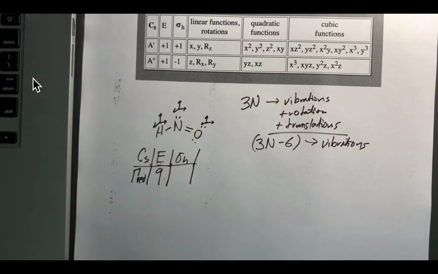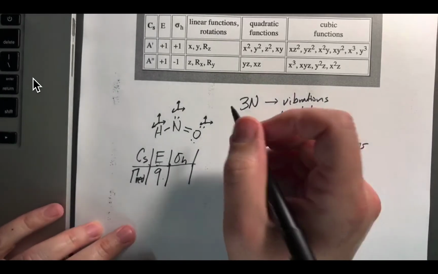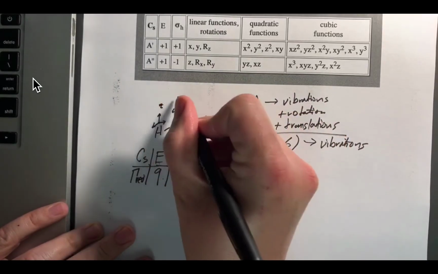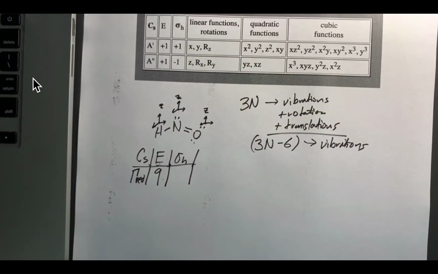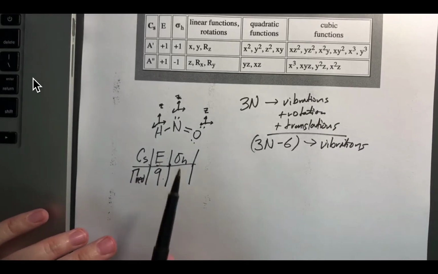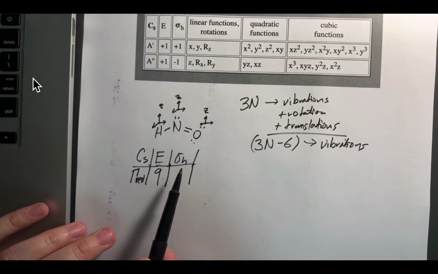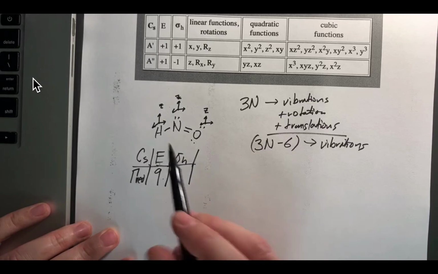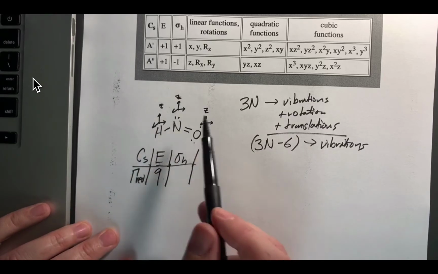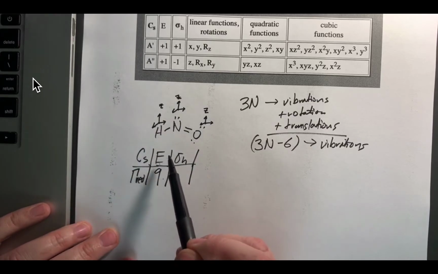Whereas our mirror plane, so if we call the one that's in the page and up the z-axis, then the molecule is lying in the xy plane. And so the mirror plane would be the xy plane. So what would happen is when we do this reflection, x and y is left alone on each atom, and z goes into the negative of itself.